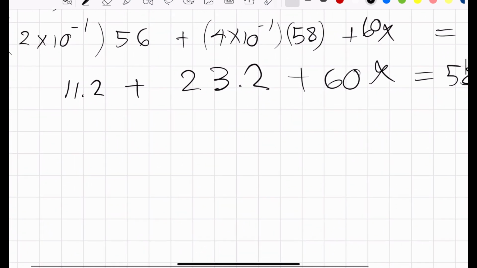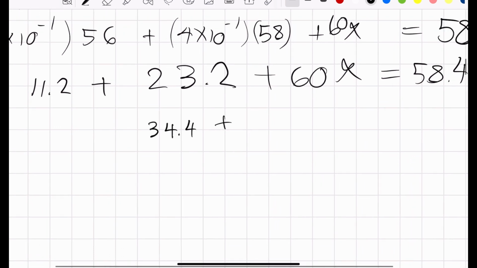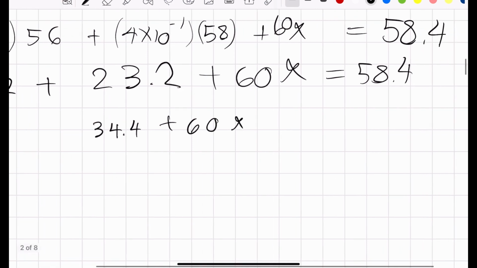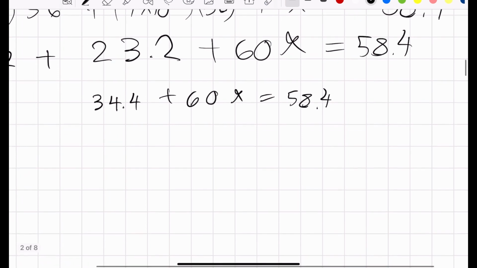So now we can simplify this. 11.2 plus 23.2 is 34.4 plus 60x equals 58.4.